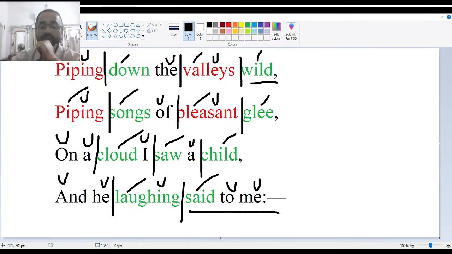So it comes together, this unit here, said to me. 1 2 1 2 1 2 3. It's like that. And as you remember, this is an example of a dactyl, which I discussed in an earlier class.